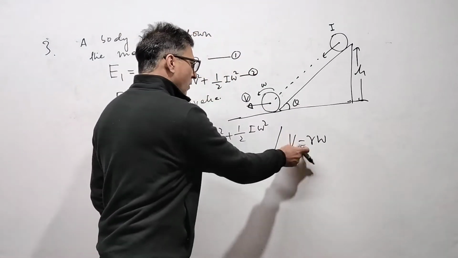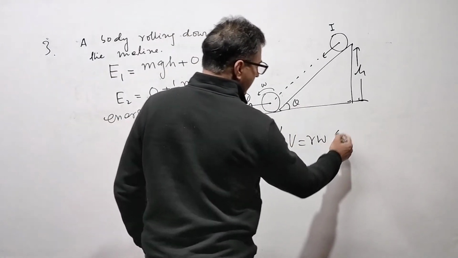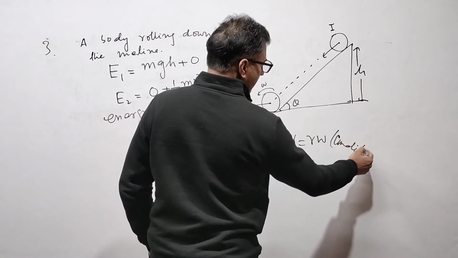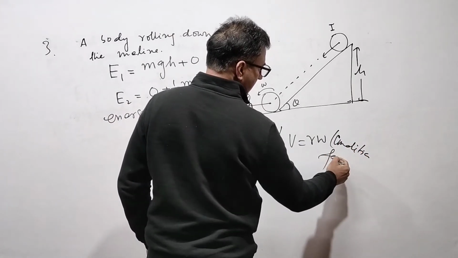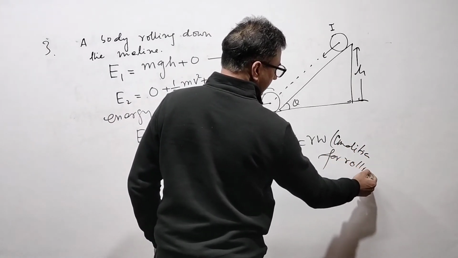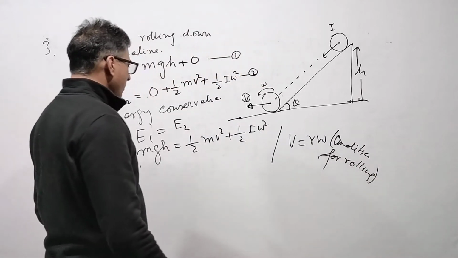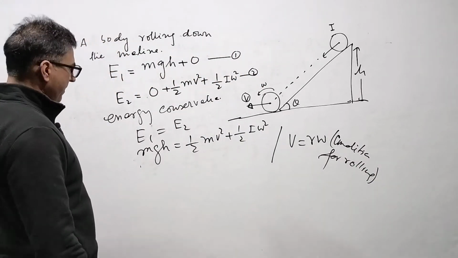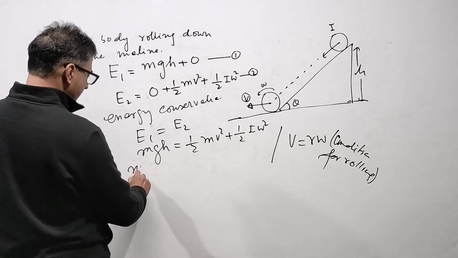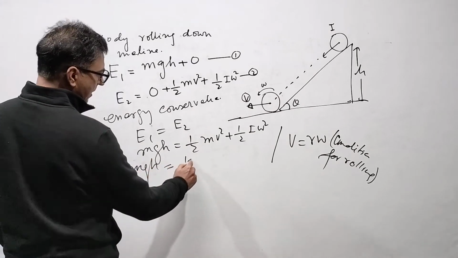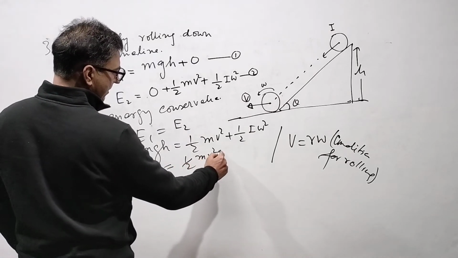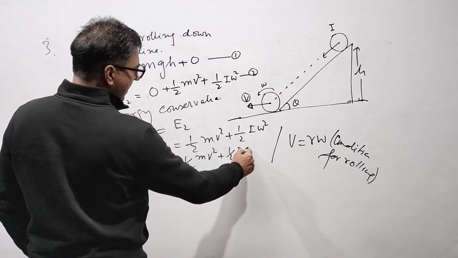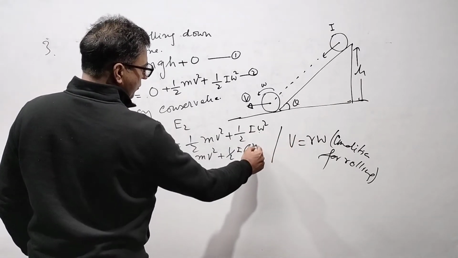That's what we already know. It is the condition for rolling. So now mgh is equal to 1 by 2 mv square plus 1 by 2 I omega square, write omega as v by r, so v square by r square.